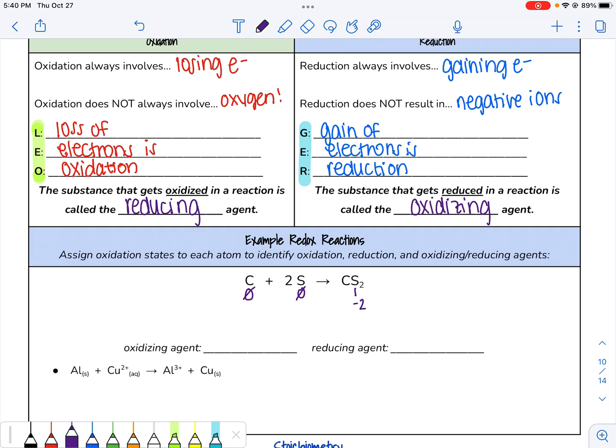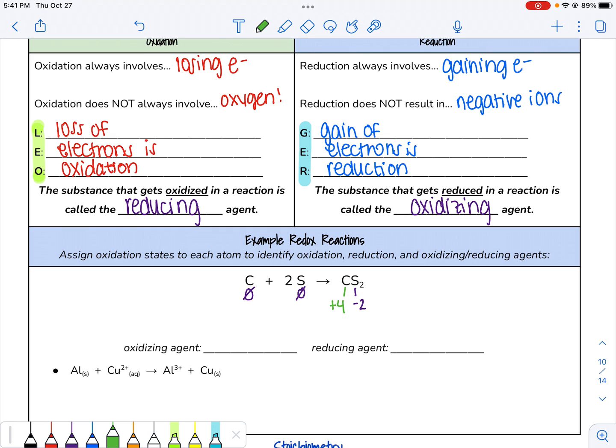How many sulfurs do we have? 2. So each sulfur atom has an oxidation state of -2. To balance that out, the singular carbon must have an oxidation state of +4 to balance out the -2 oxidation states for each sulfur.